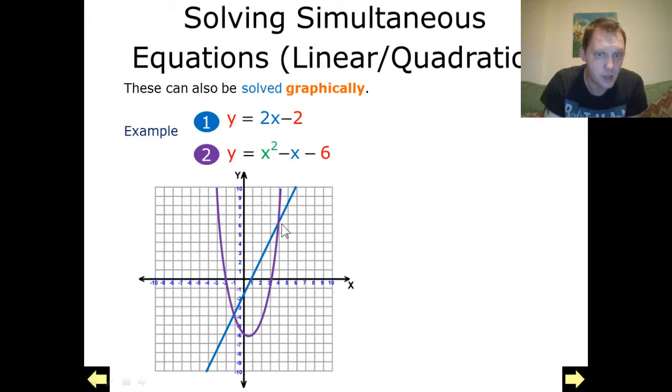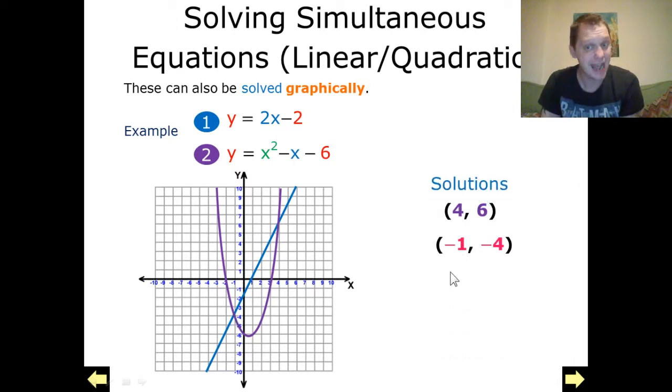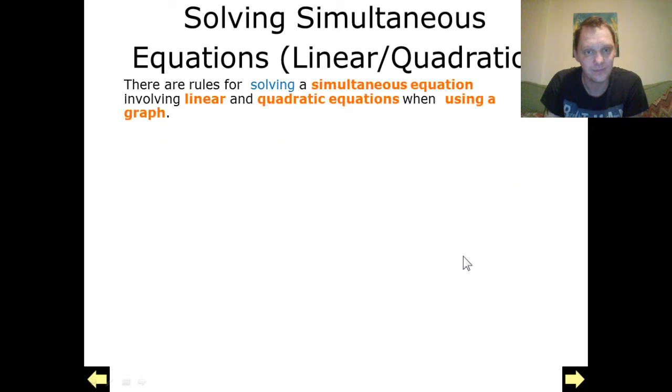And as you can see, it crosses at 2 points, which just so happens to be our solutions that we had in the first example. So it crosses at 4, 6, when x equals 4, y equals 6, and it crosses at negative 1, negative 4, when x equals negative 1, y equals negative 4, which is our second solution.